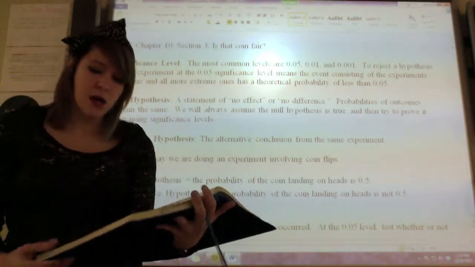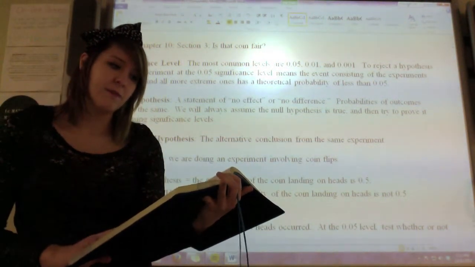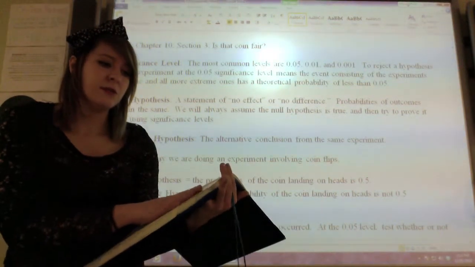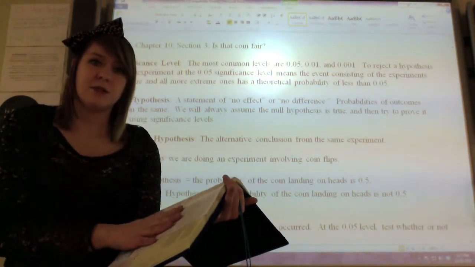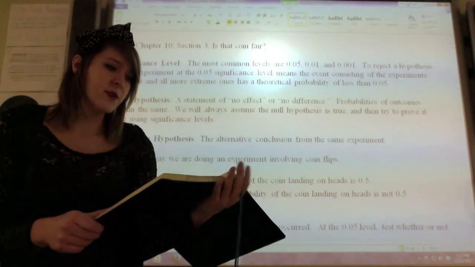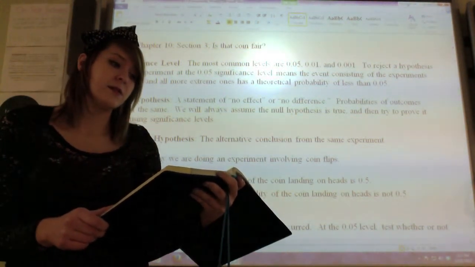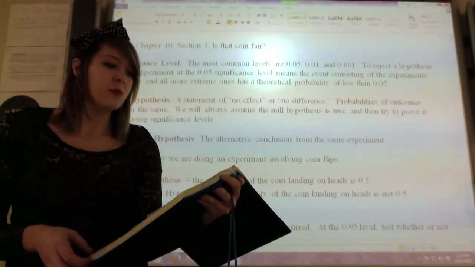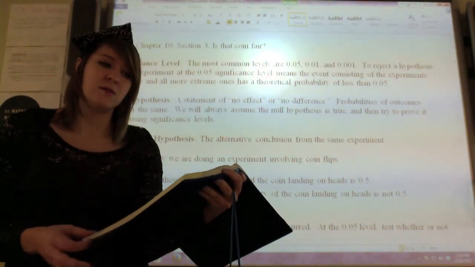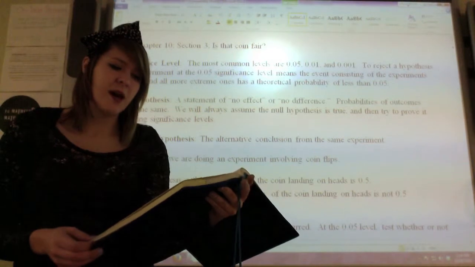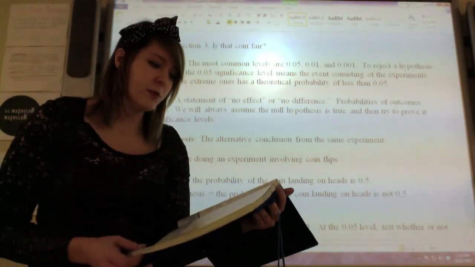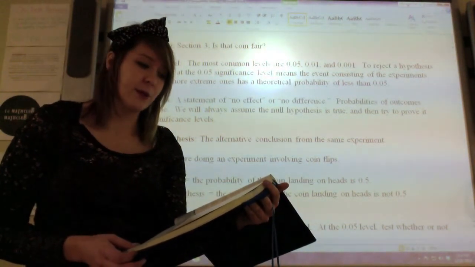So in the book, I'm on page 643, and it says, "What can you say in a situation of uncertainty? If you tossed a coin 100 times and only 10 heads occurred, then there is a great deal of evidence that the coin is not fair, because the probability of an event as extreme as this is so low. But how small must the probability of an event be before you reject the hypothesis that led to it?